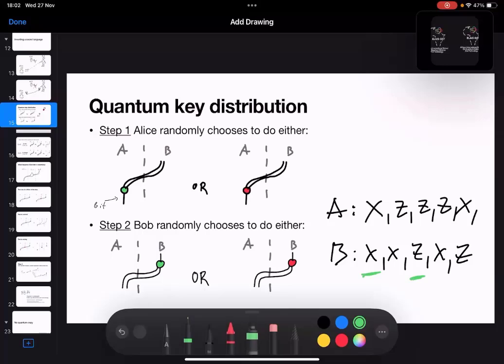And then what they do is very simply, they just discard whatever they had about the bases where they had different choices. And then all they are considering is the case where their choice of basis was the same. And then they look at the bits that they have sent. Does that make sense?